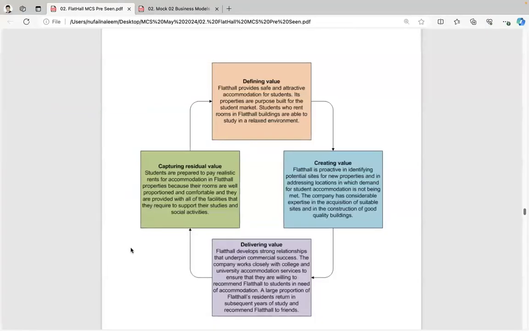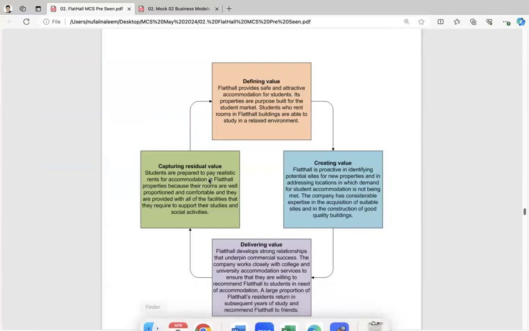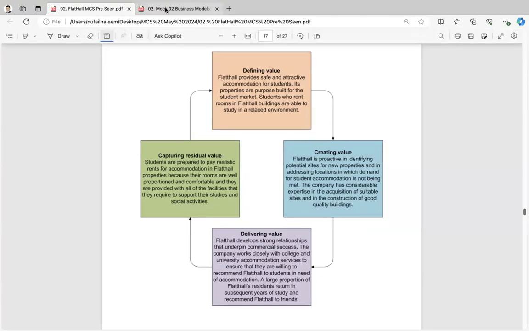Hi students, can I get a confirmation from you all in the chat box if you are able to see the screen? A Y in the chat box is fine. So students, I believe it is visible on the screen.